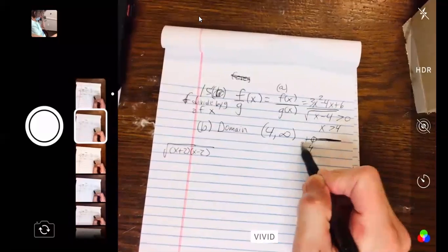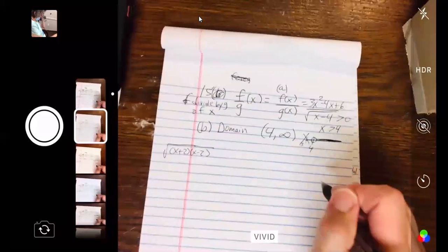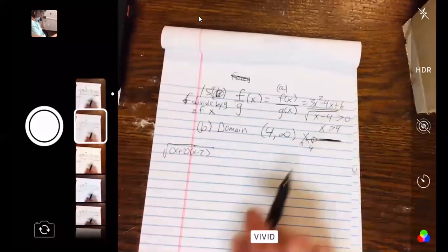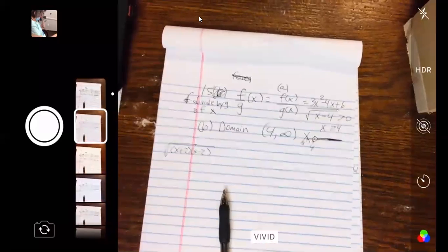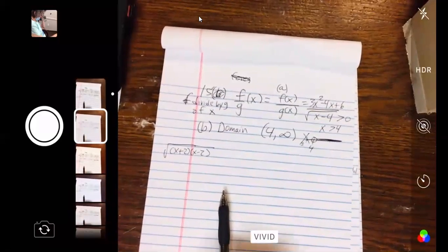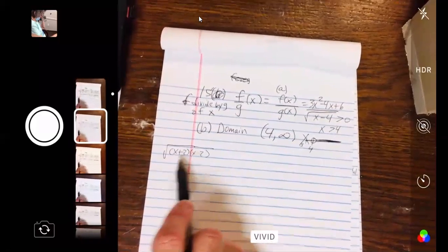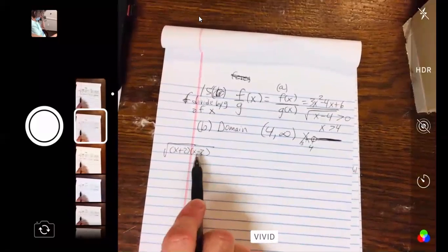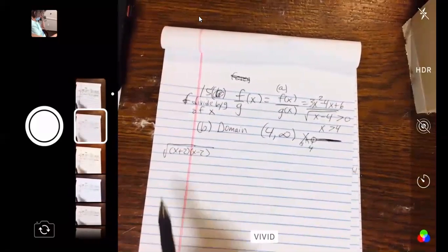Come over to 3, 3 minus 4 is a negative. It's not going to work. But that's a lot harder to do with two factors like this. You really have to write down both numbers and test the intervals in the middle between them.